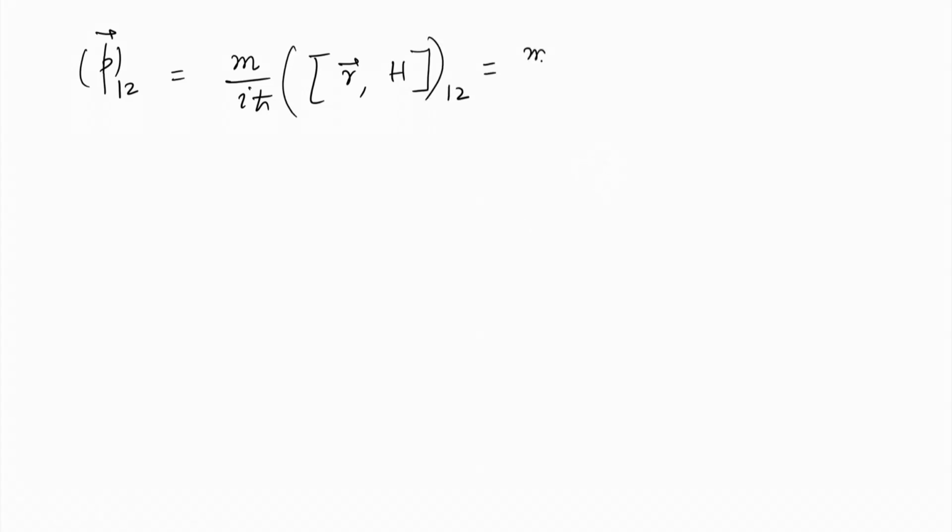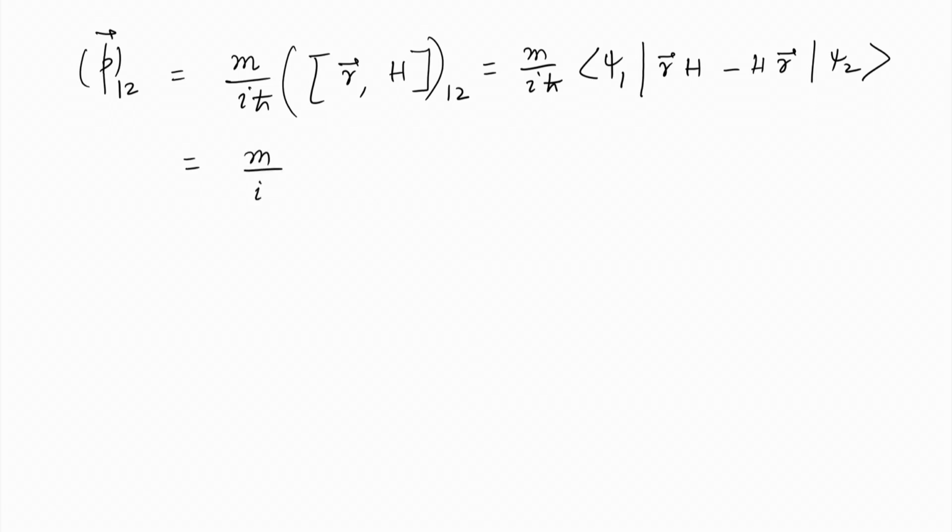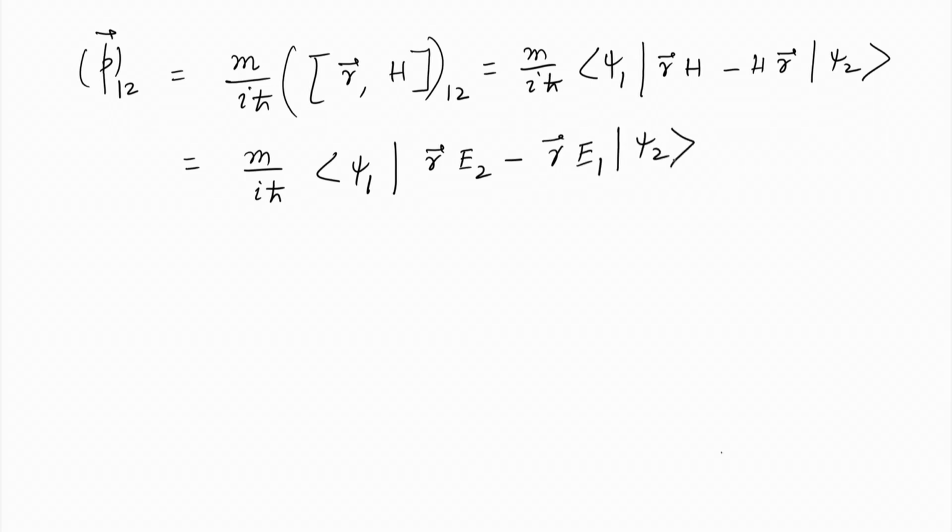So, this is equal to m by i h cross, psi 1, R H minus H R, psi 2, and this is equal to m by i h cross, psi 1, R E 2 minus R E 1, psi 2, which gives that it is E 2 minus E 1 multiplied by m divided by i h cross R 1 2.